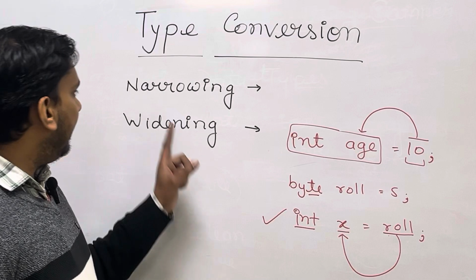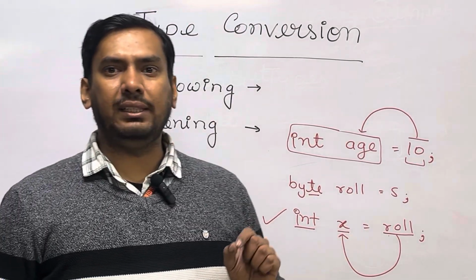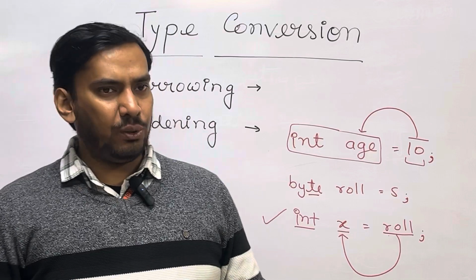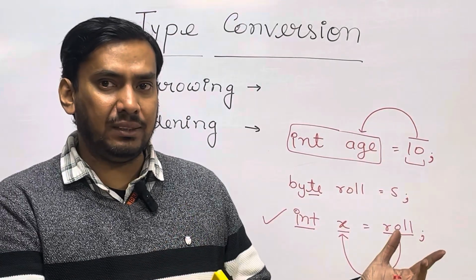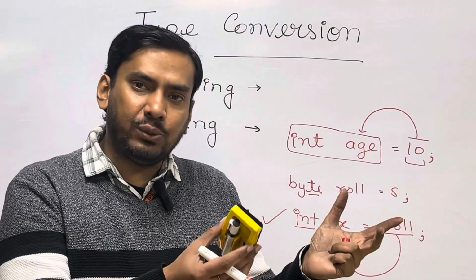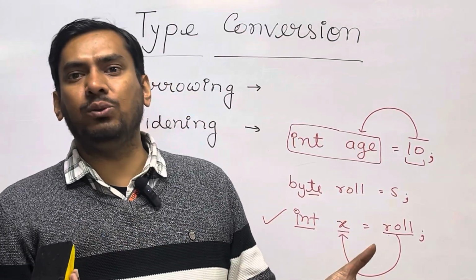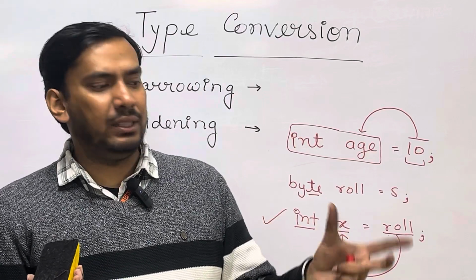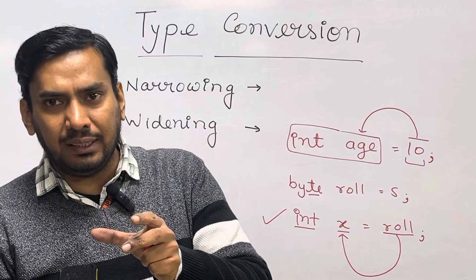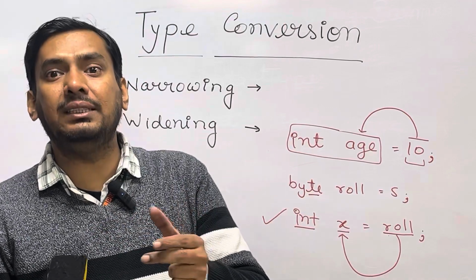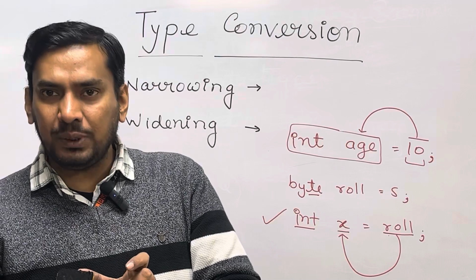But on the other hand, there is the vice versa concept that is called narrowing. Narrowing says, okay, you have a higher precision value and you are trying to assign it to a variable which has lower precision. Definitely if you try to put a higher precision value in a lower precision variable, there is a chance of loss of value or precision.